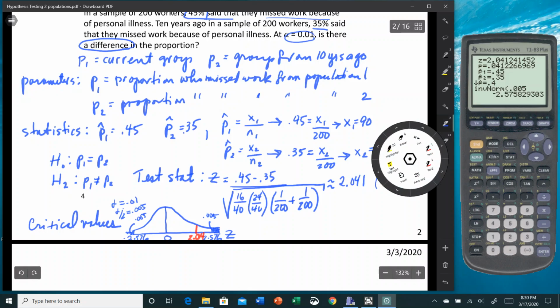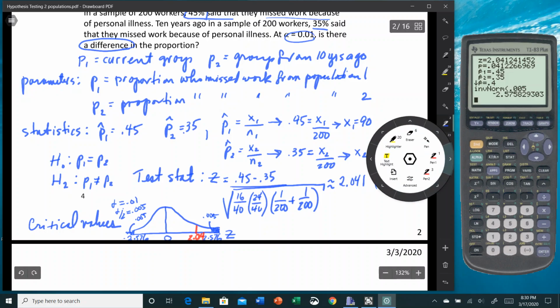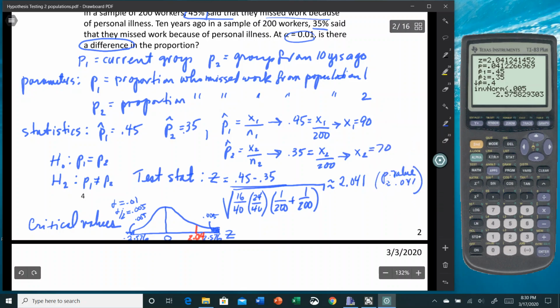So the decision here will be to fail to reject, which we already knew. So the decision is fail to reject H0. So what does that mean?